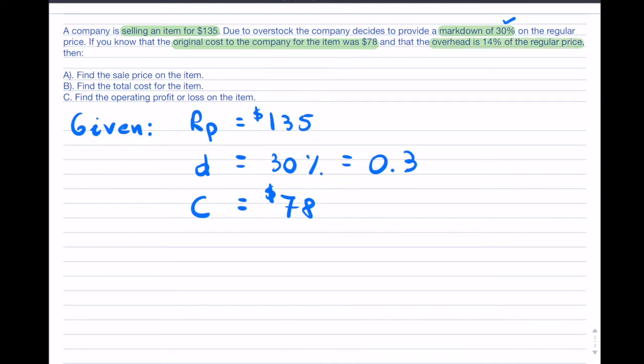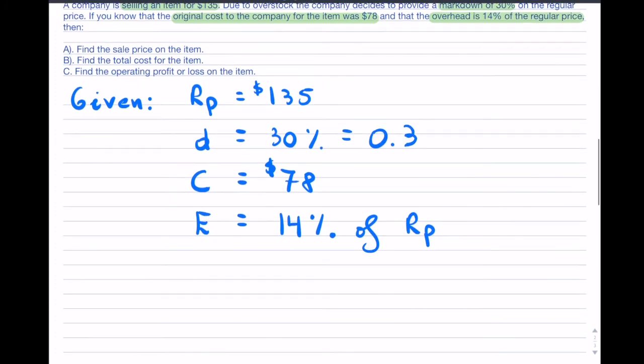Well, overhead, which is your operating expenses, equals 14% of your regular price. So this is 0.14 as a decimal multiplied by the regular price, which is $135.